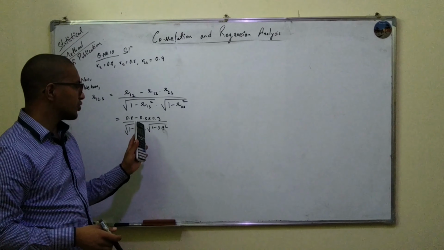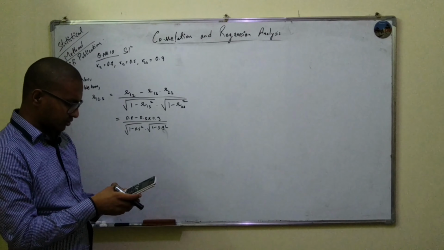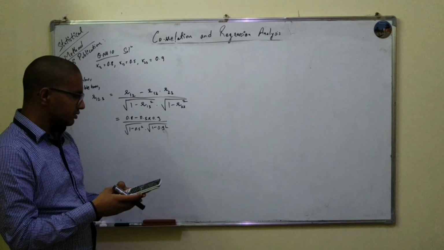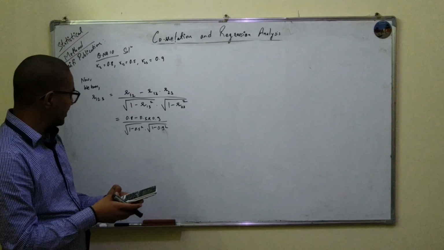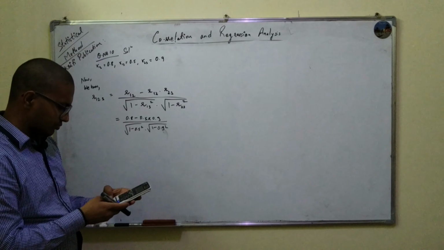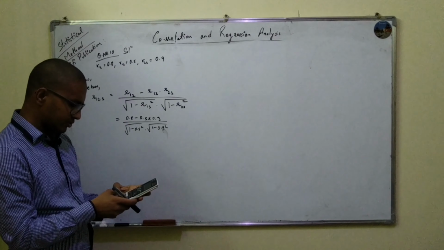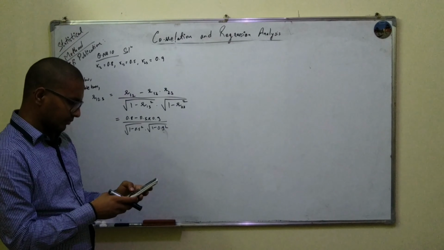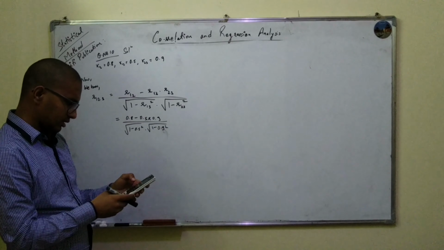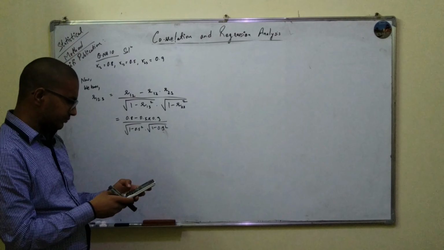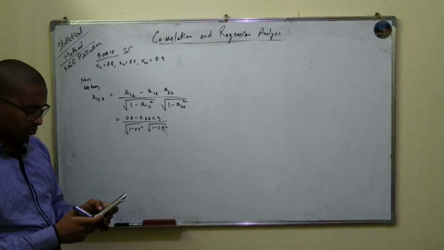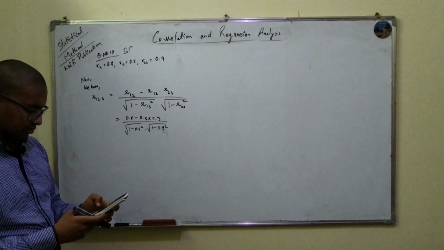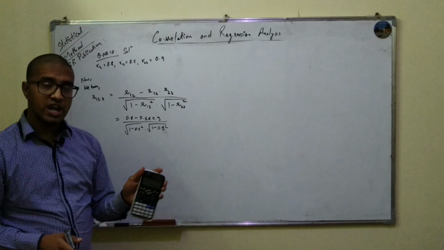So 0.8 minus 0.5 into 0.9, divided by under root 1 minus 0.5 square, and again divided by the root of 1 minus 0.9 square. The value that we get is 0.927.